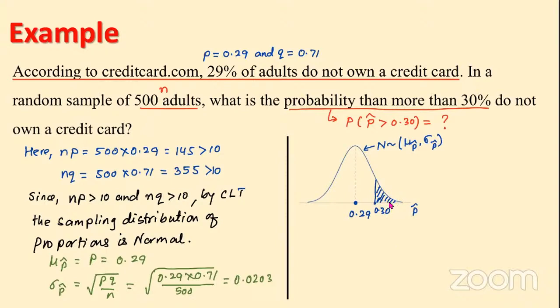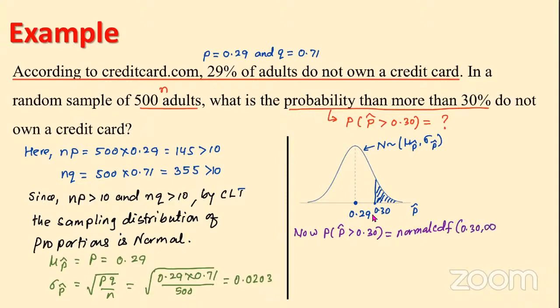So let's use our calculator to find that area. For the probability that the proportion is greater than 0.30, because we are calculating a probability, we use the normal CDF. The lower boundary for the area is 0.30.